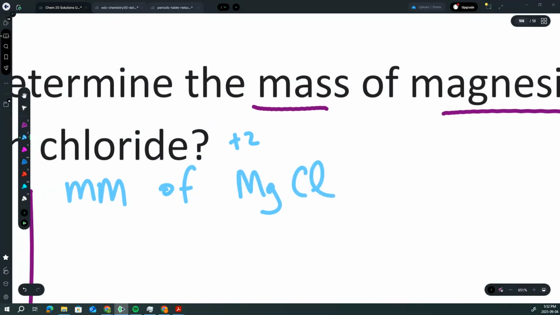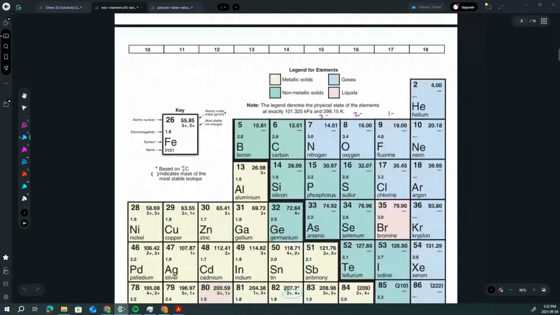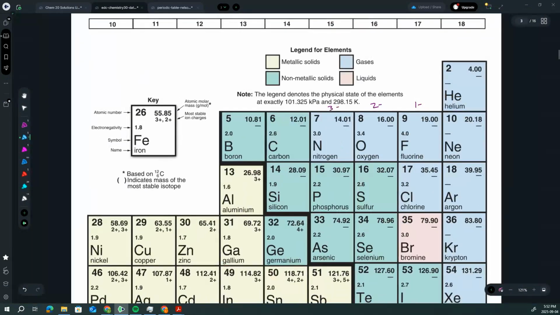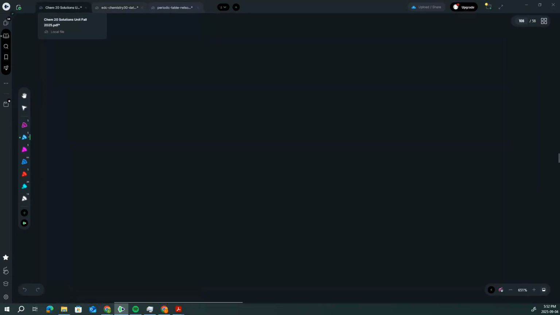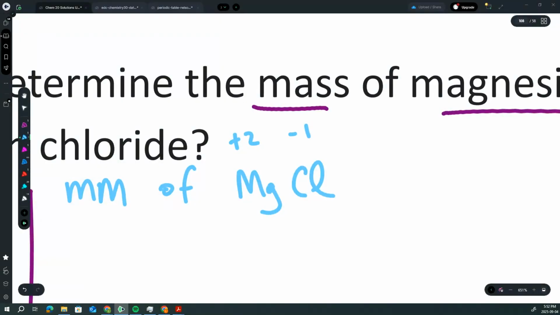And then chloride likes to have a 1- charge. Chloride is one of our group 17 ions, so that's why it has a -1 charge.